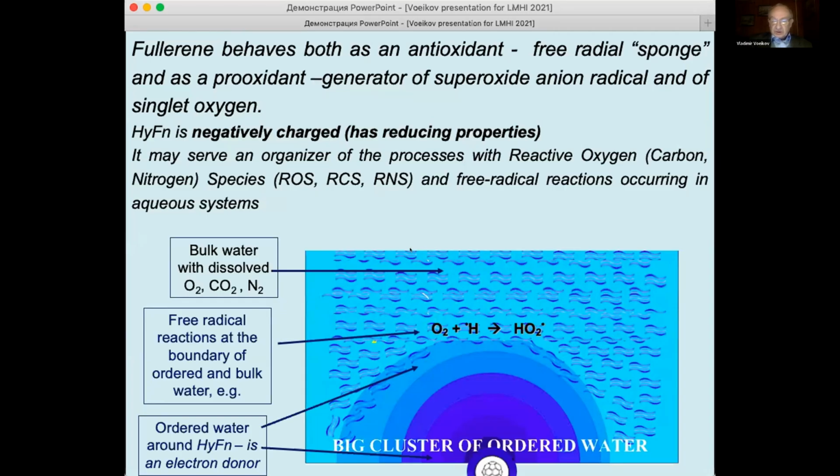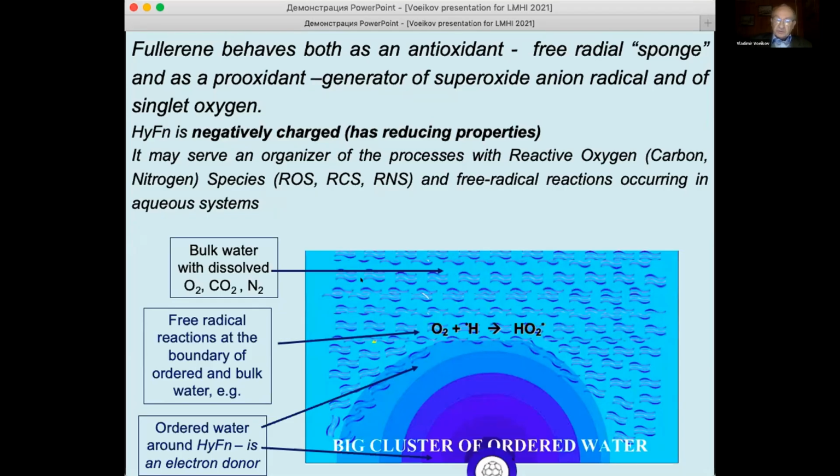Here is a sketch of how the action of fullerenes on gas molecules may occur. Here is the fullerene molecule covered with water shells, and what is interesting is that hydrated fullerene itself is negatively charged. That means the water shell around it is negatively charged. It has reducing properties.